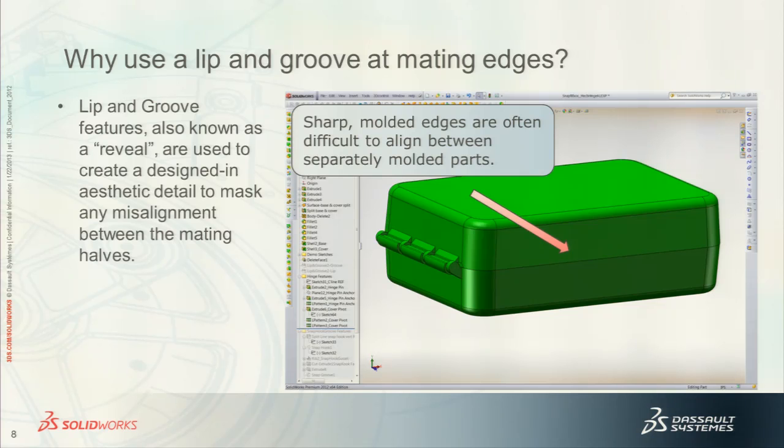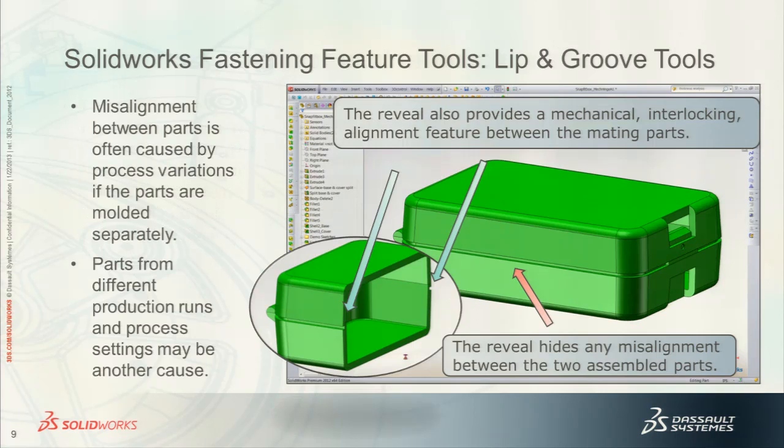You're not necessarily going to be using parts that are made at the same time. You might have different types of stocking methods where one lot of parts could get mixed up with another with slight dimensional variation. So the reveal helps you to hide these mismatches.